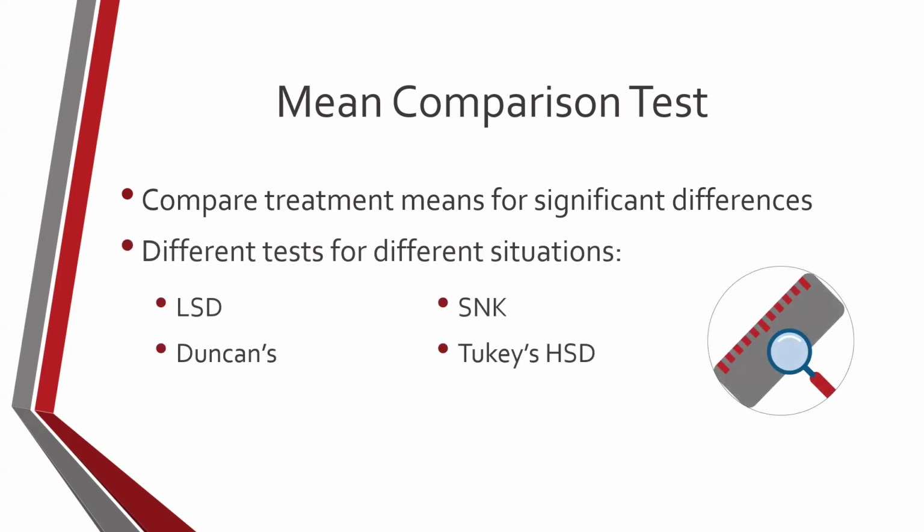So there's a variety of different tests that you can run. And ARM has quite a few options. The most common ones are kind of these top four: LSD, Duncan's New MRT, Student Newman Keuls, and Tukey's HSD. You also have to choose a significance level or alpha to run these tests.